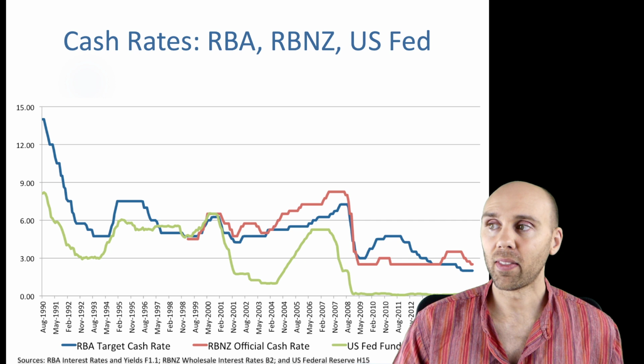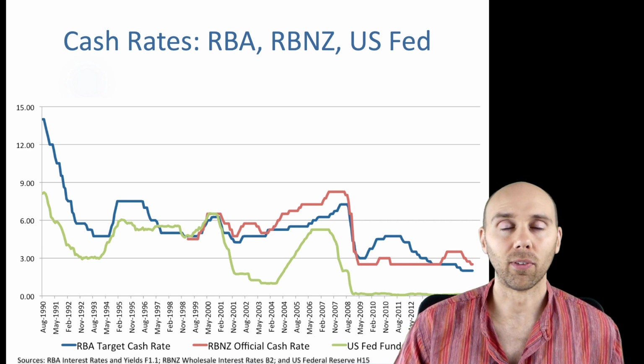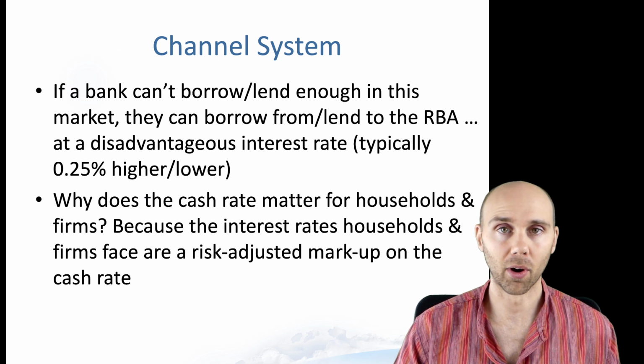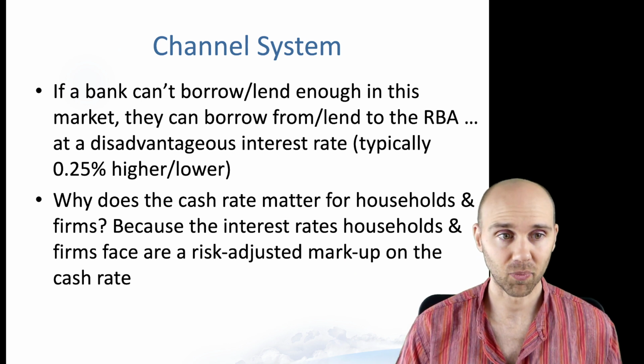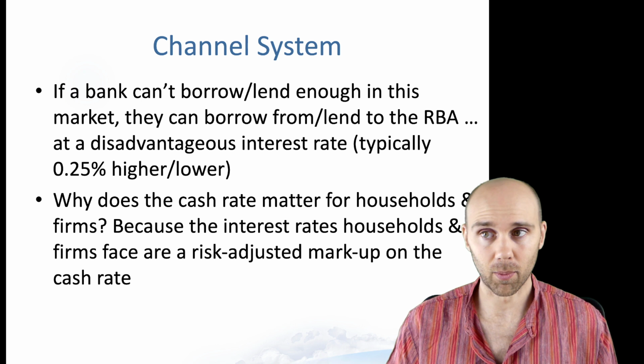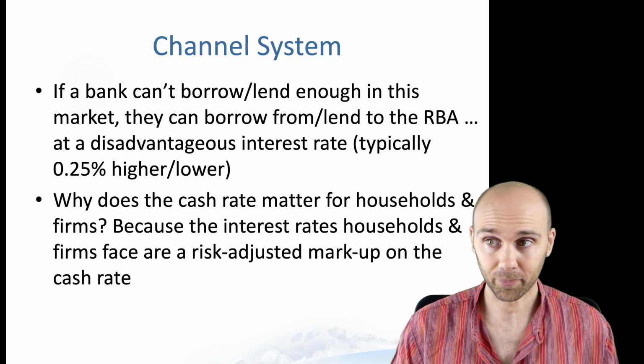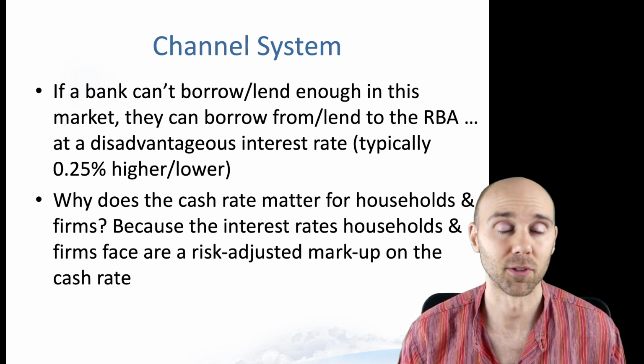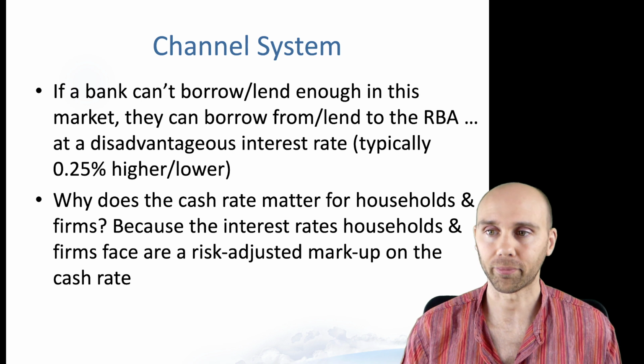Now, we also mentioned that the RBA is a lender of last resort and a borrower of last resort. So what if a bank can't borrow or lend enough in their own market? Well, then they can go to the RBA and they can borrow or lend there. And typically there's a slight penalty for doing that. They are, after all, the bank of last resort.